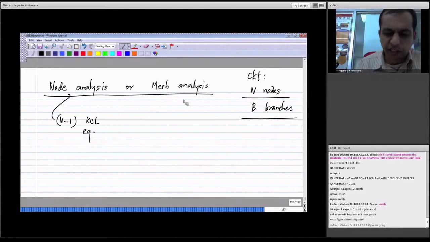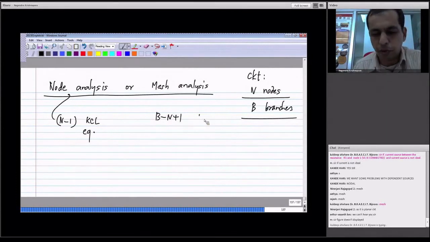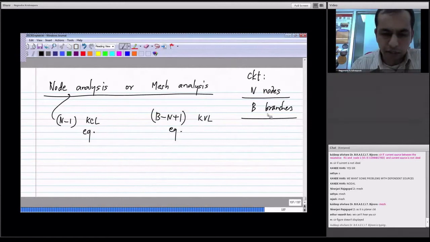Now, which of these is likely to be more? Is n minus 1 likely to be more, or b minus n plus 1 likely to be more? So which of these will have more equations?